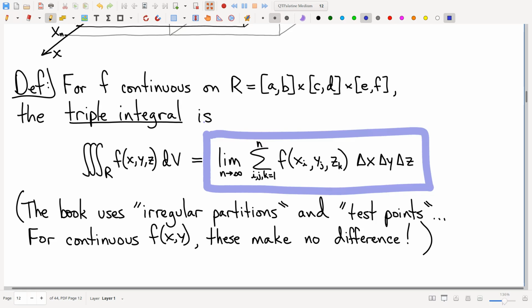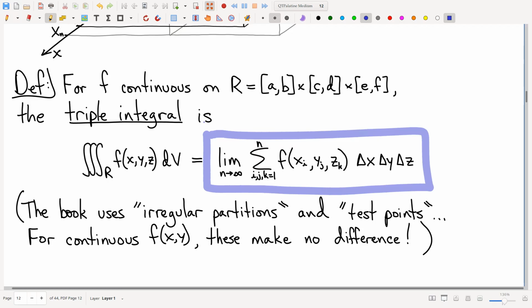It's just like with a double integral, except three-dimensional instead of two. Volumes instead of areas. Three indices instead of two indices. Everybody buying that? Many examples to follow, of course.